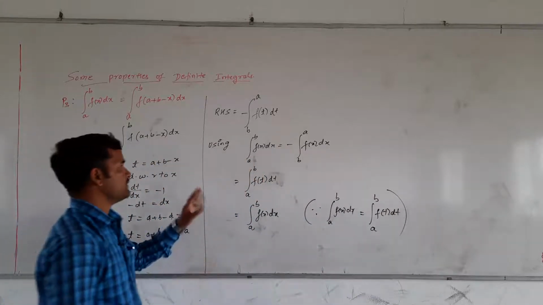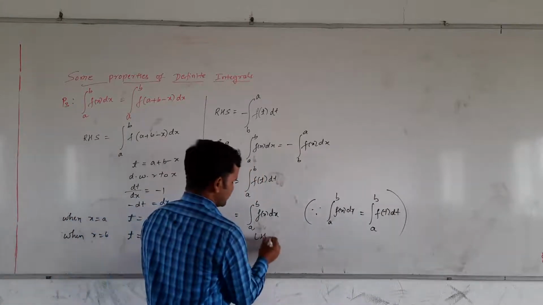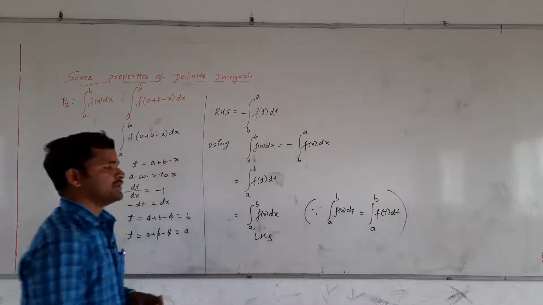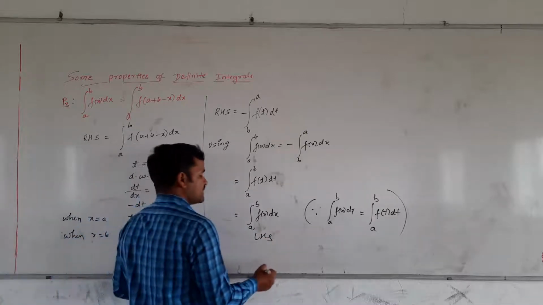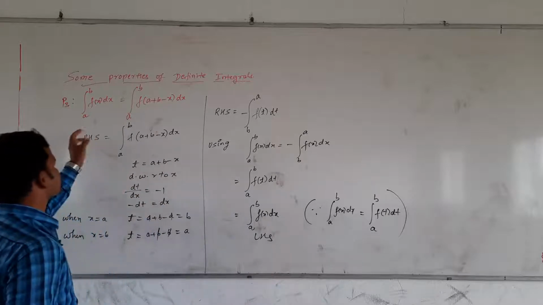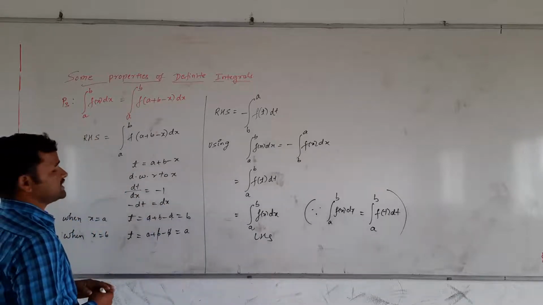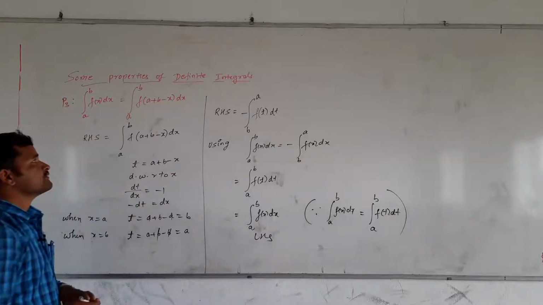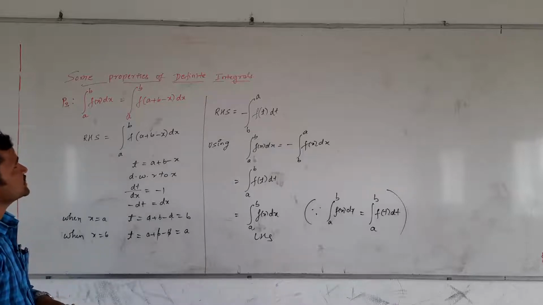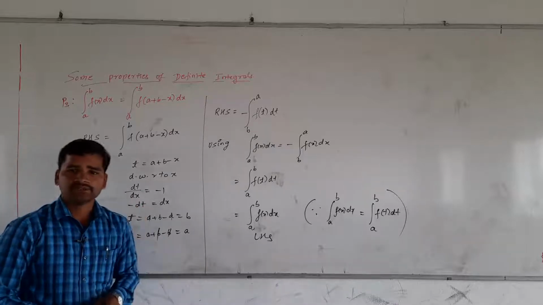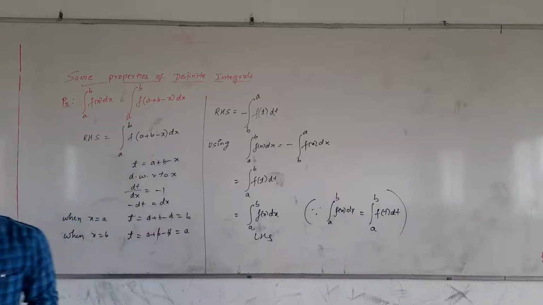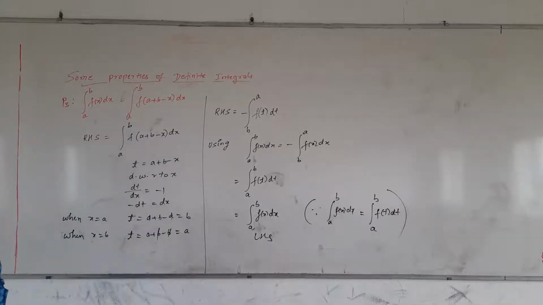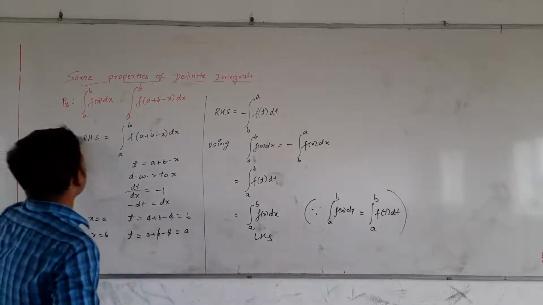With this, we have proved this is nothing but LHS. So, we have proved the property here. Integration of f of x from a to b with respect to x is equal to integration of f of a plus b minus x into dx from a to b. This is about property P3.